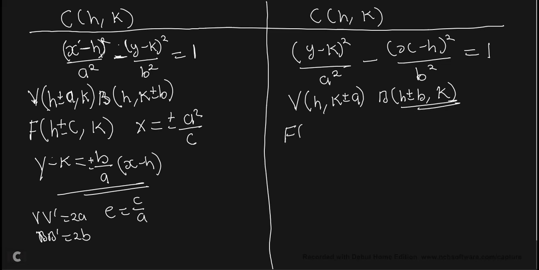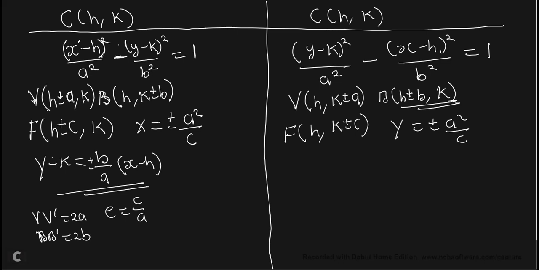How about the focus? The focus remains the same as the vertices, so it will be h, k plus or minus c. Then your directrix will start with y equal to plus or minus a squared over c.